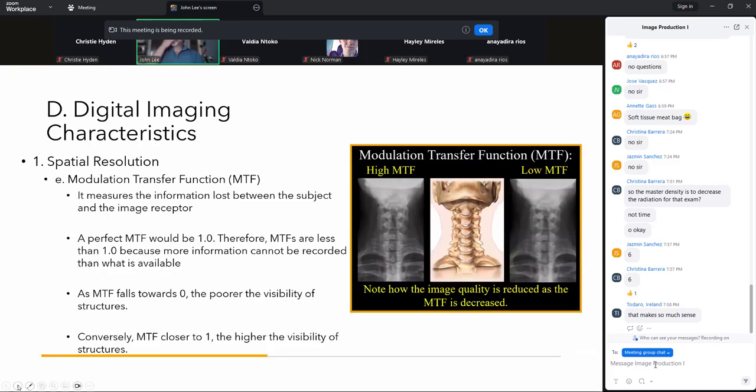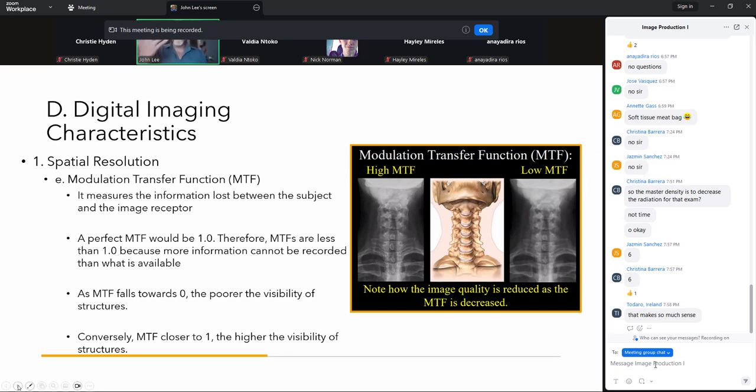The modulation transfer function. This is kind of a difficult concept here, but it measures the information that's lost between the subject and the image receptor. Now remember, the subject is 3-dimensional tissue, and we're taking that part of it and projecting it into an image receptor so that we get a representation of the anatomy internally.